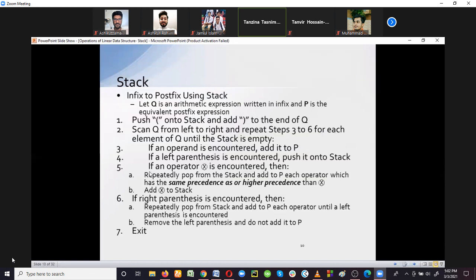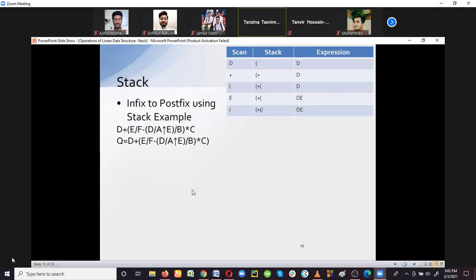Then the next step of the algorithm is if an operator is encountered, then repeatedly pop from the stack and add to p each operator which has the same precedence or higher precedence than this operator. Otherwise, add that operator to stack. So if the data element that we got after this scanning process is an operator, we can perform two different tasks.